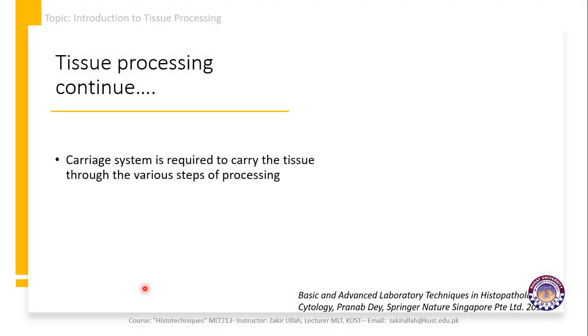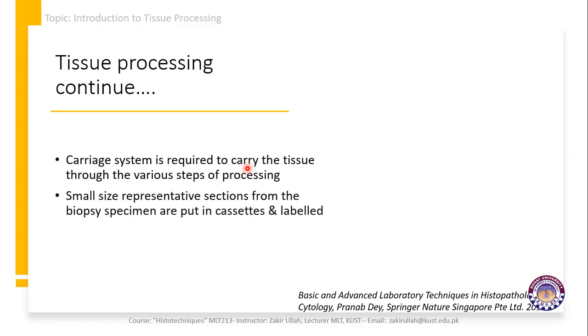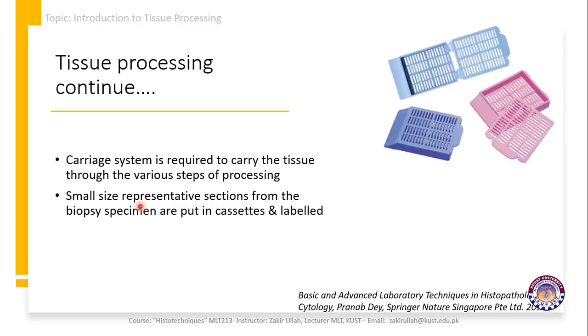Tissue processing consists of a carriage system, and this system is required to transfer the tissue into different steps during the process, and small size representative sections from the biopsy specimens are put into cassettes and then they are labeled.